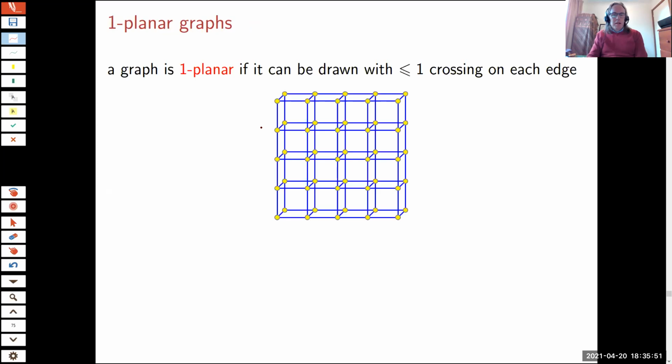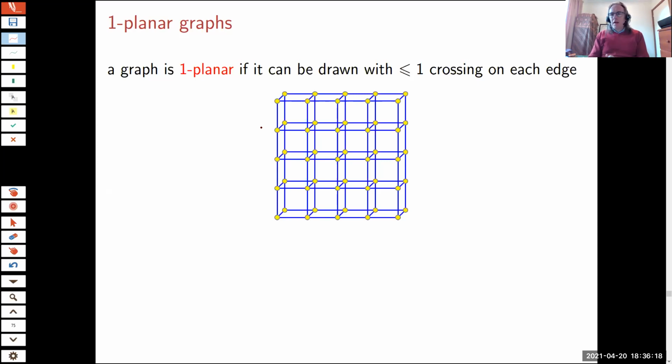Here's a graph class that's studied a lot in the graph drawing community: a graph is one-planar if it can be drawn with at most one crossing on each edge. Here's a picture of an n by n by 2 grid. Think of it as three-dimensional, but I've projected it onto a flat plane, and now each edge has at most one crossing on it. So this is a one-planar graph.